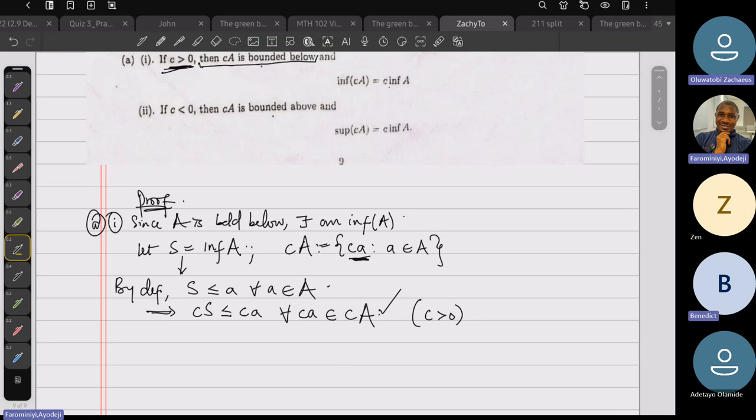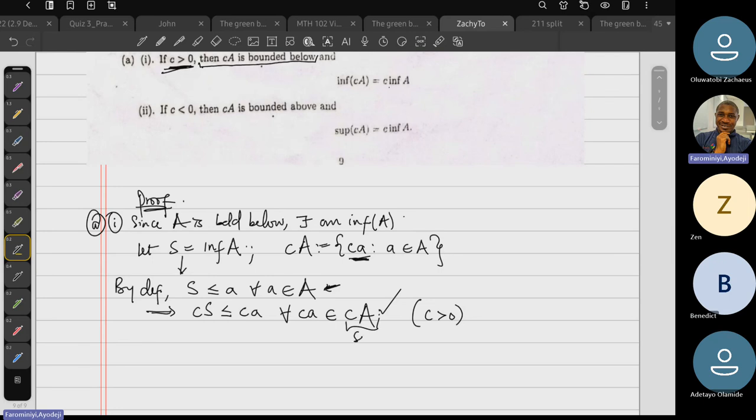Okay, let's look at this first statement. Where did it come from? It came from the fact that S is an infimum, right? What type of element has this property? CS is less than or equal to CA for all CA in this set.